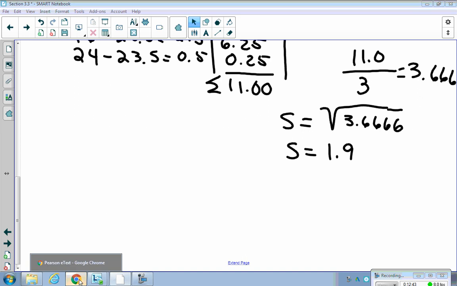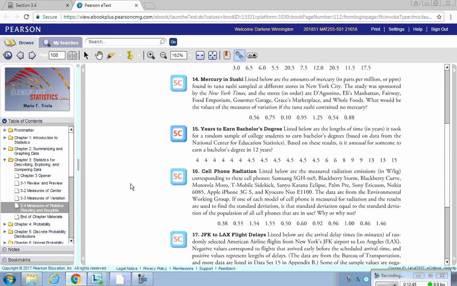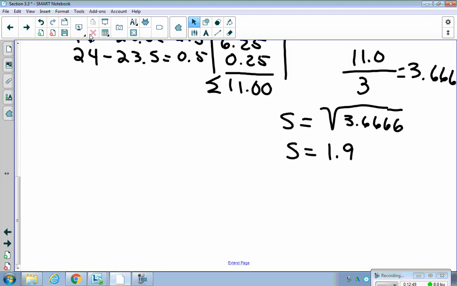Okay, so I want to go to the e-text here. And let me grab my picture camera tool, which of course my camera tool is not sitting there.